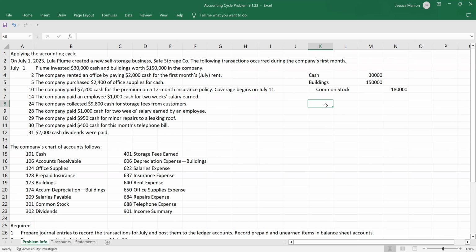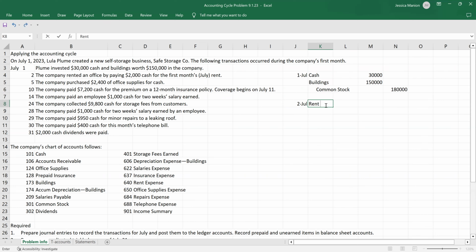All right. Okay, July the 2nd, and let me go ahead and put the date over here just so we're keeping track of them. So that's July the 1st. Now we've got July the 2nd. This one says, the company rented an office by paying $2,000 cash for the first month's rent.